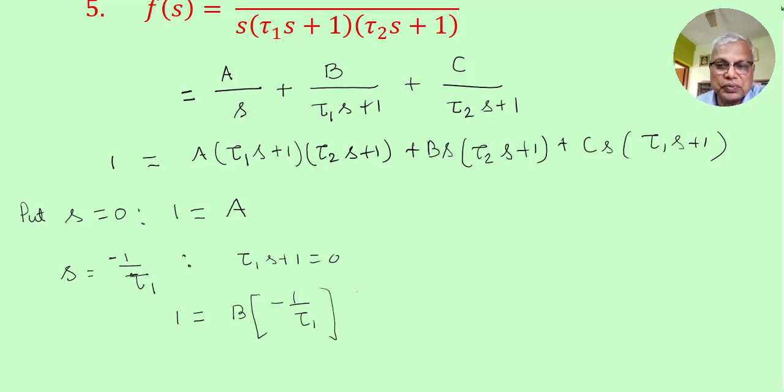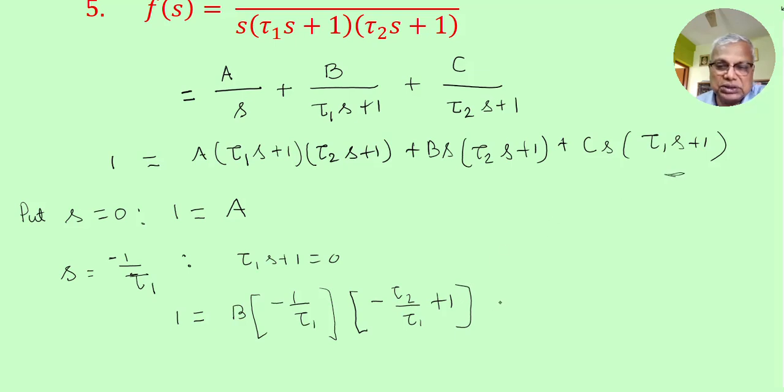into (minus tau 2 by tau 1 plus 1), and the C term is going to be 0.